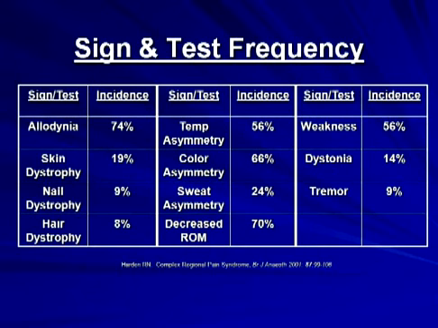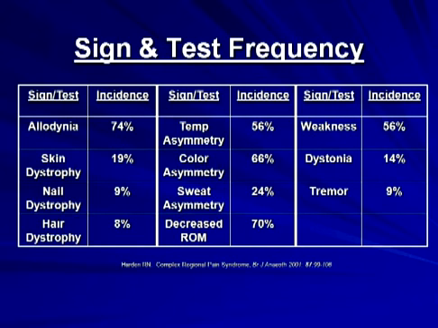Sign and test frequency. Again, when you look for signs and you test for some of these signs that are listed here, you may not find 100%. You won't find 100%. Some patients will not even have allodynia. Not every patient will have allodynia.